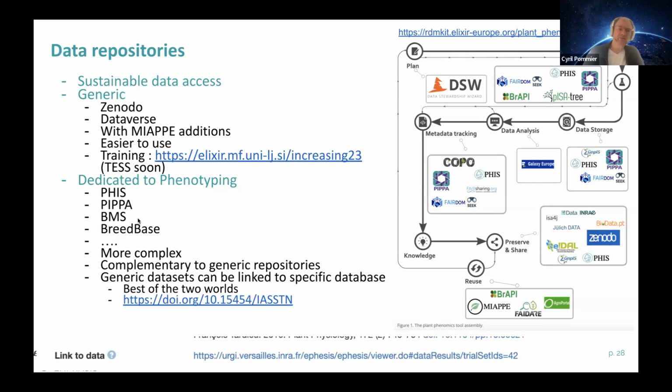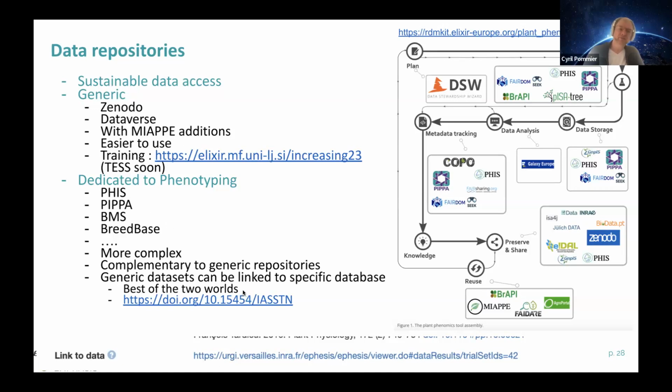Those systems are complementary to generic repositories. In particular, since generic datasets can be linked to specific database. In other words, you can have in Dataverse a link to one of those databases, FIRS or PIPA or so on.